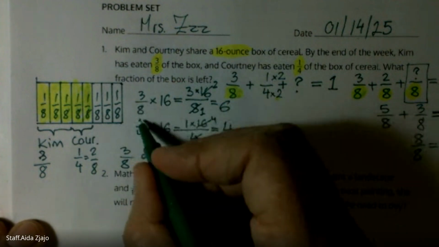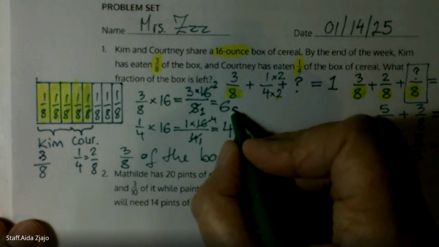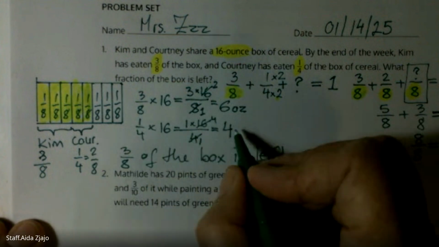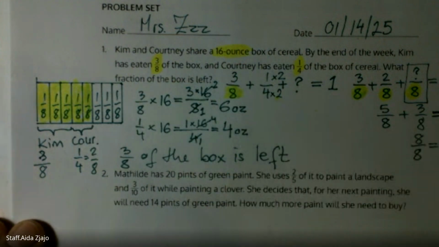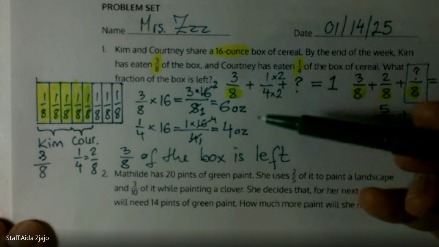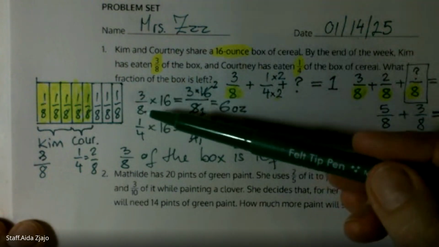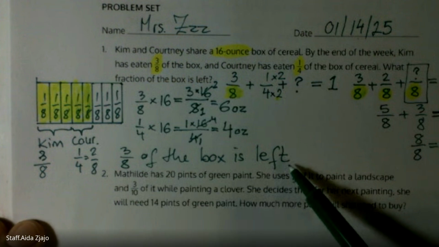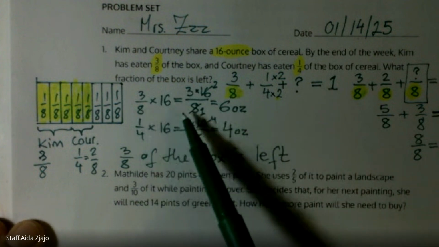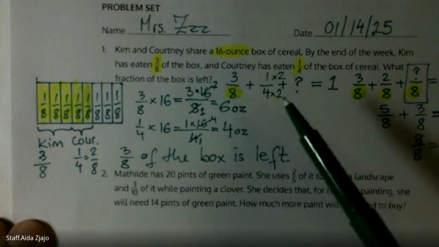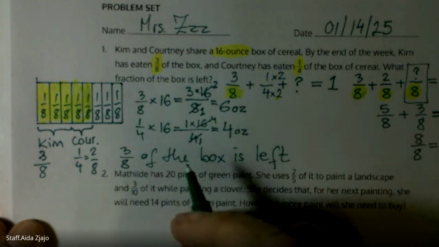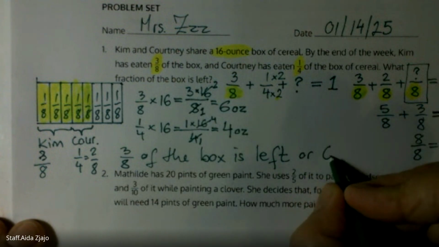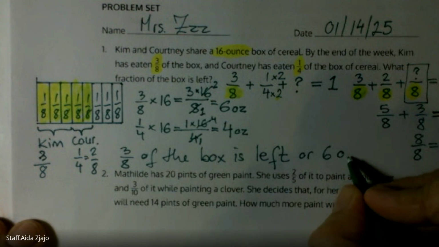So 3/8 of 16 ounces is 6 ounces, and 1/4 of 16 is 4 ounces. Because we know already that 3/8 of the box is left, we can also say that another 6 ounces is left of the box. 3/8 of the box is left, or 6 ounces.